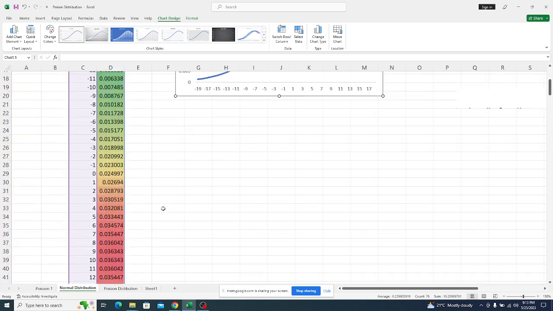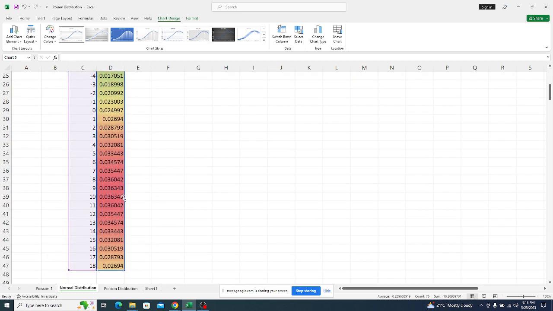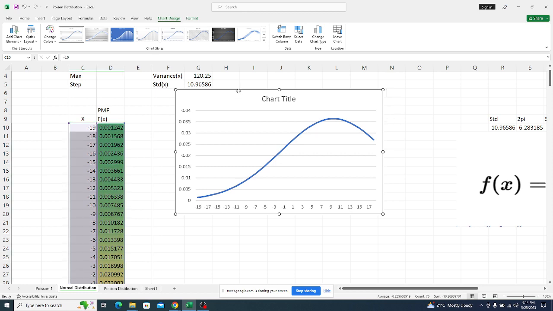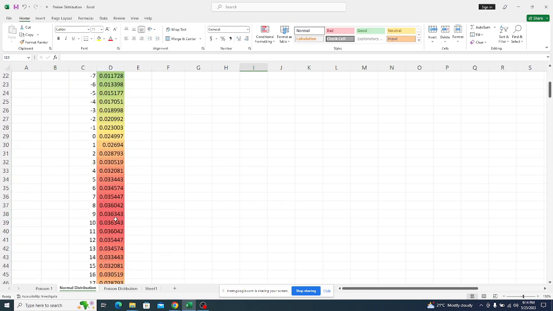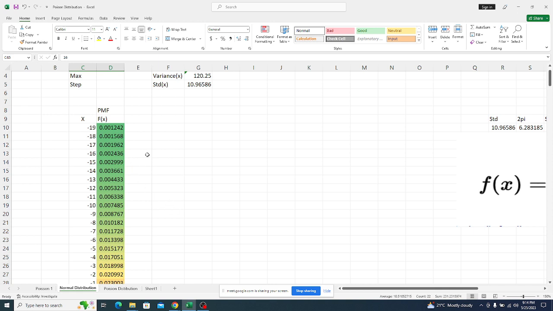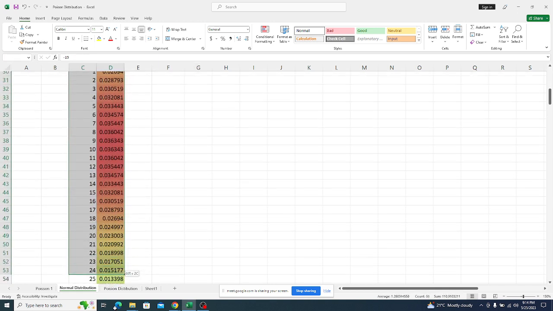Yes. So we have this. What if we extend? Let's try. I'm trying to check the best data, which will give me a complete normal distribution. Let me try this.